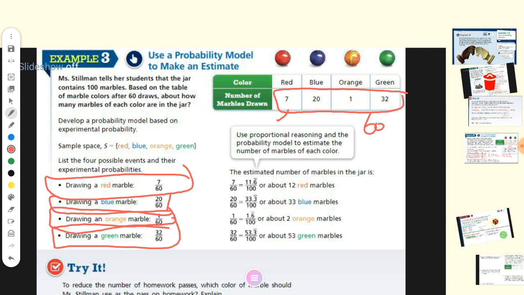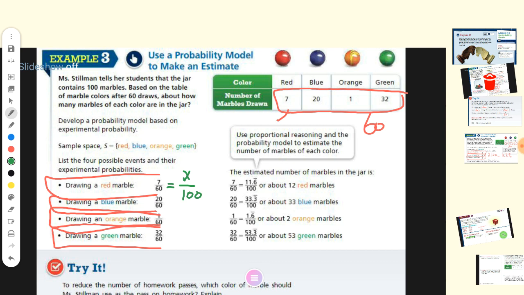Okay, what if the number becomes 100? This is the amount while it was 60. So if we want to know exactly the number if it becomes 100, we will do the following. Let the denominator be 100 and the numerator x.